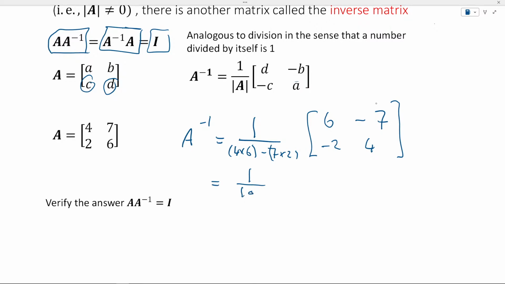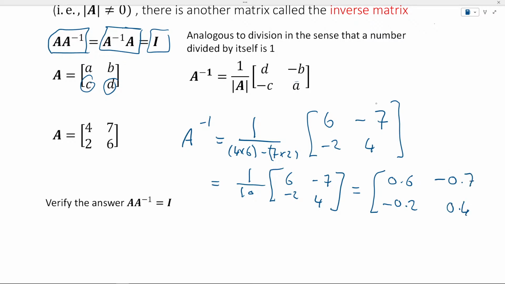So 1 over 10 times 6 over negative 2, negative 7 times 4. And we know that we can multiply this because this is a constant, so I can multiply this by a constant. So that would be 0.6, negative 0.2, negative 0.7, and 0.4.